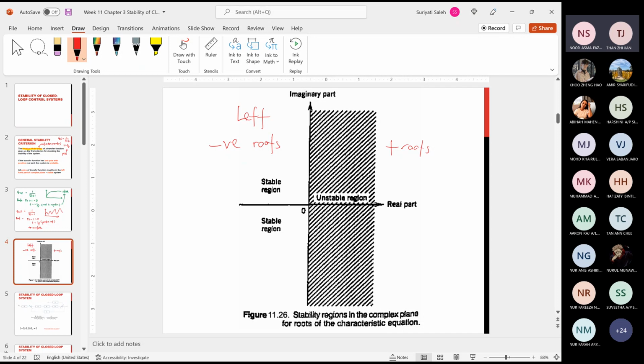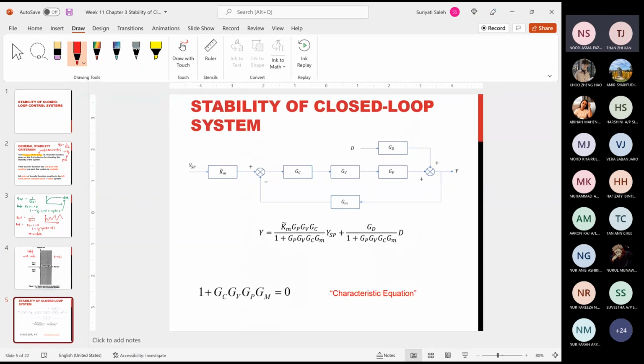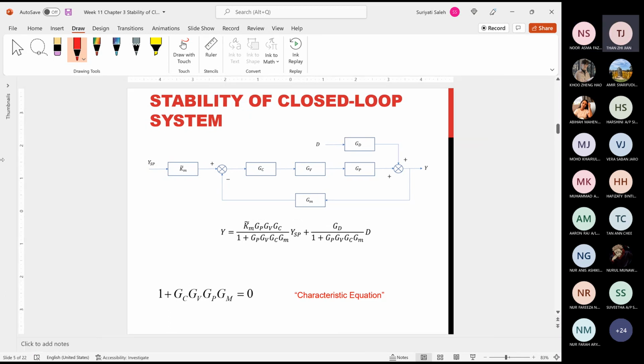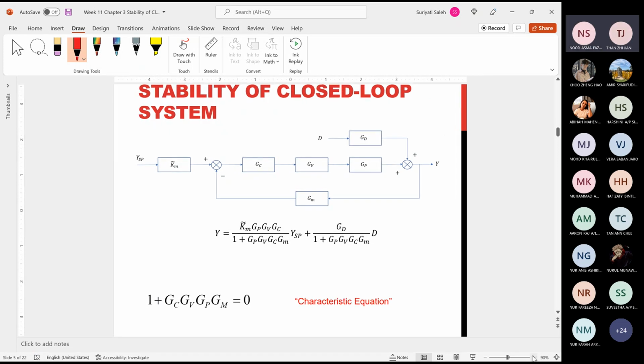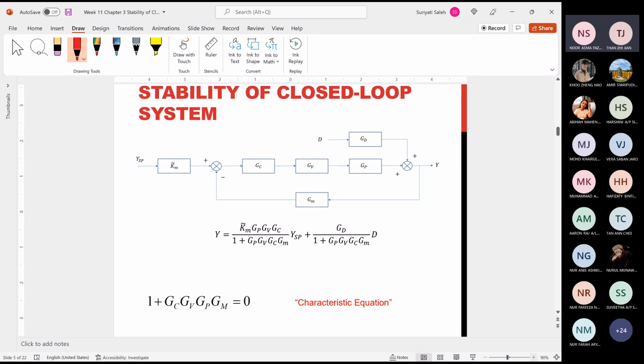If we want to apply this stability concept on our closed loop, let's look at the stability of the closed loop system here. Let's say this is the standard block diagram. Based on this, we have the KM, the GC, the GV, the GP, GM, and the GD.